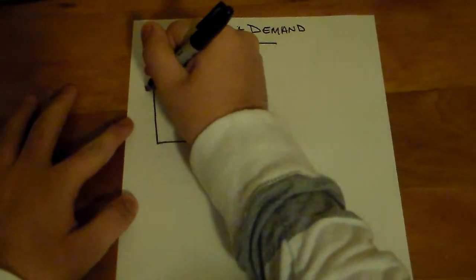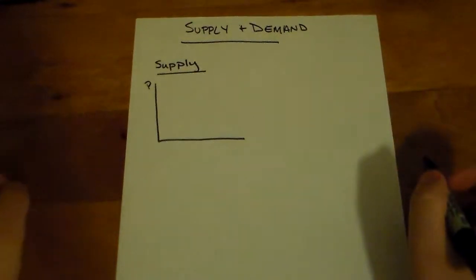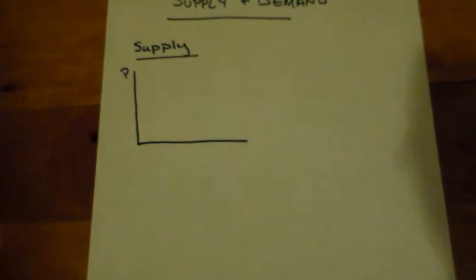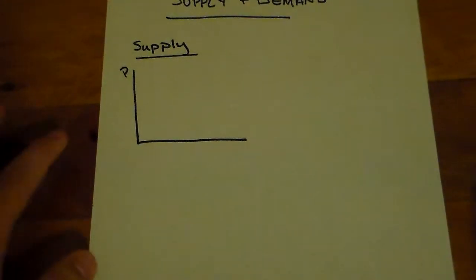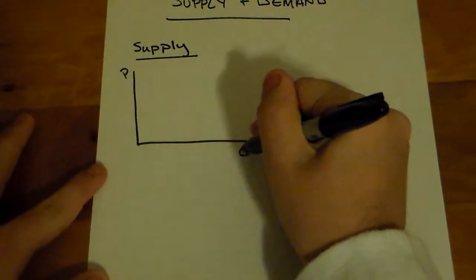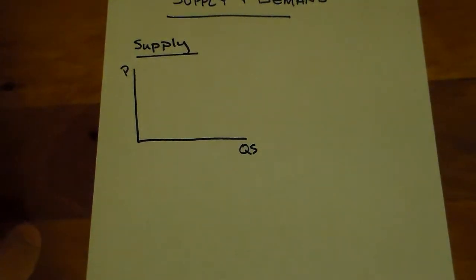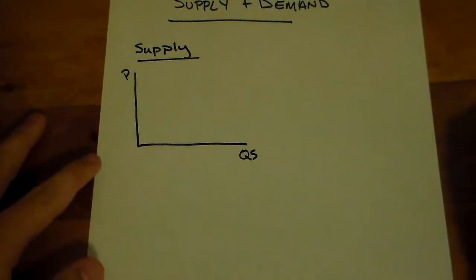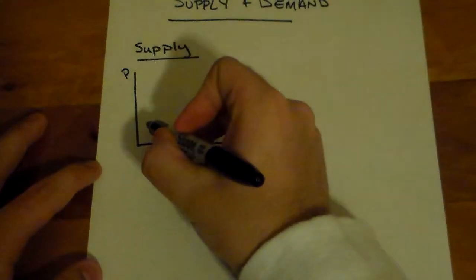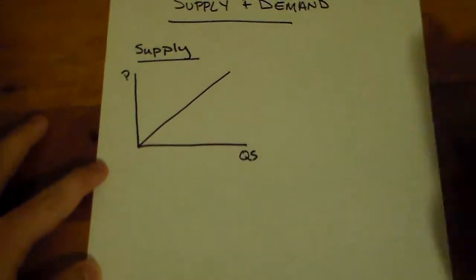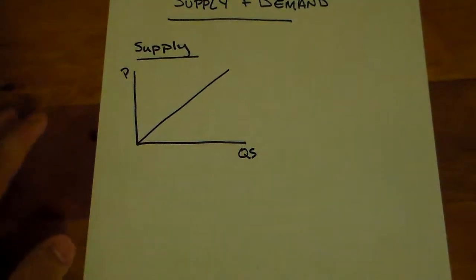So price would be up here on the y-axis, while what's known as quantity supplied will be on the x-axis. The slope of a supply graph is positive, so we can draw a line that goes up like this.